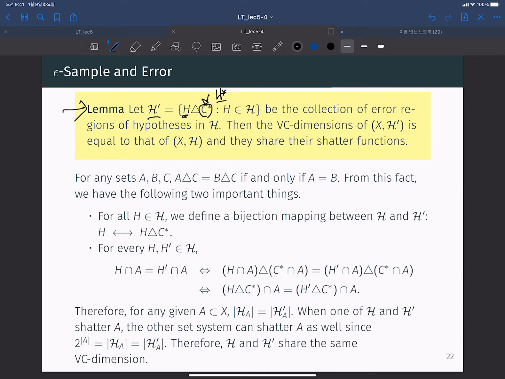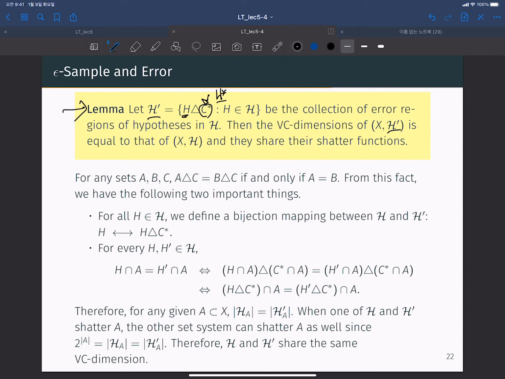Let's say C star is equal to H star, the ground truth hypothesis that defines the true label. Then let H prime be the collection of error regions of hypotheses in H, because that is just the set difference between the ground truth hypothesis and our hypothesis H. Then the VC dimension of H prime is equal to that of H, and they share their shatter function because they share the same VC dimension.